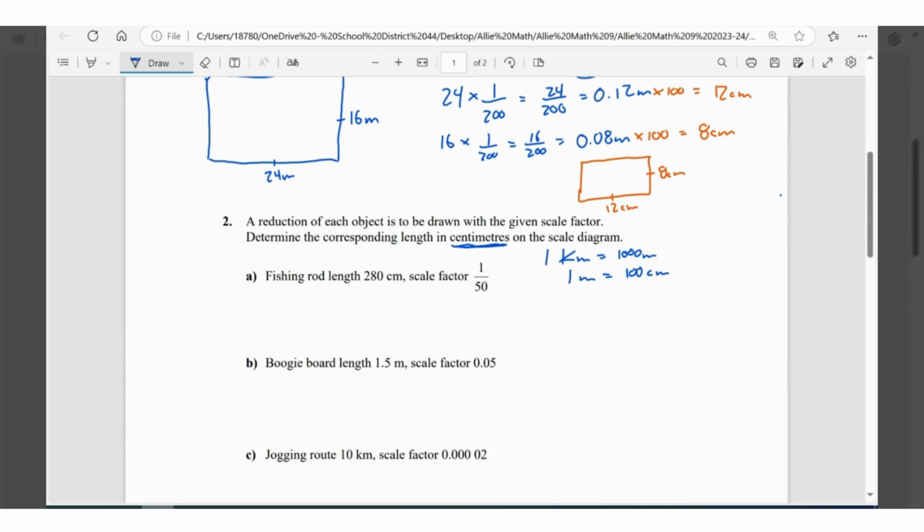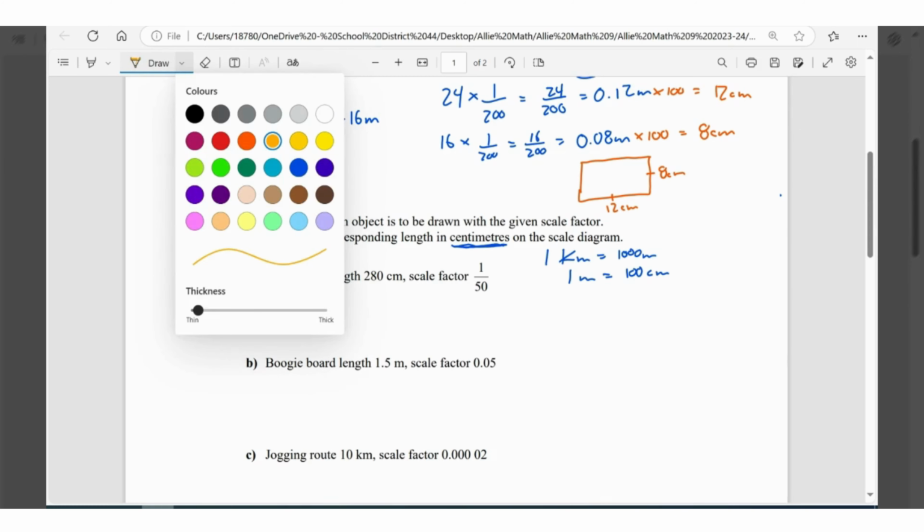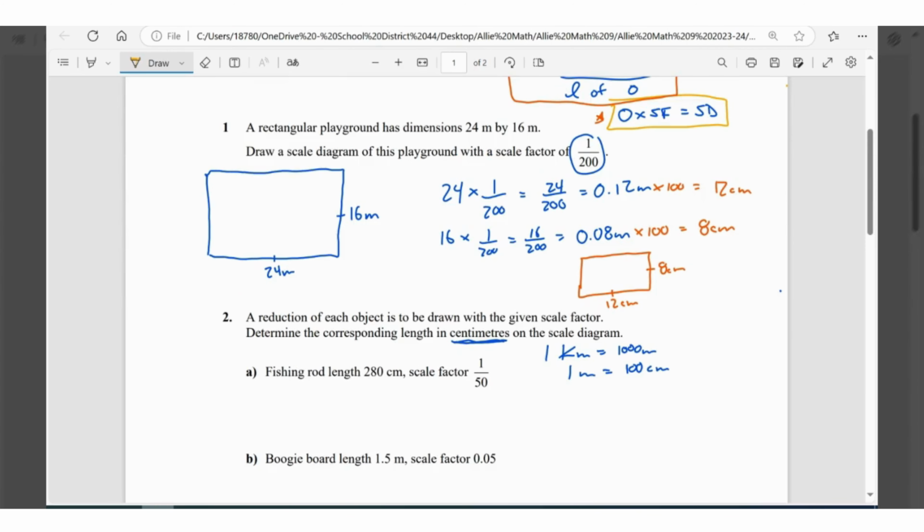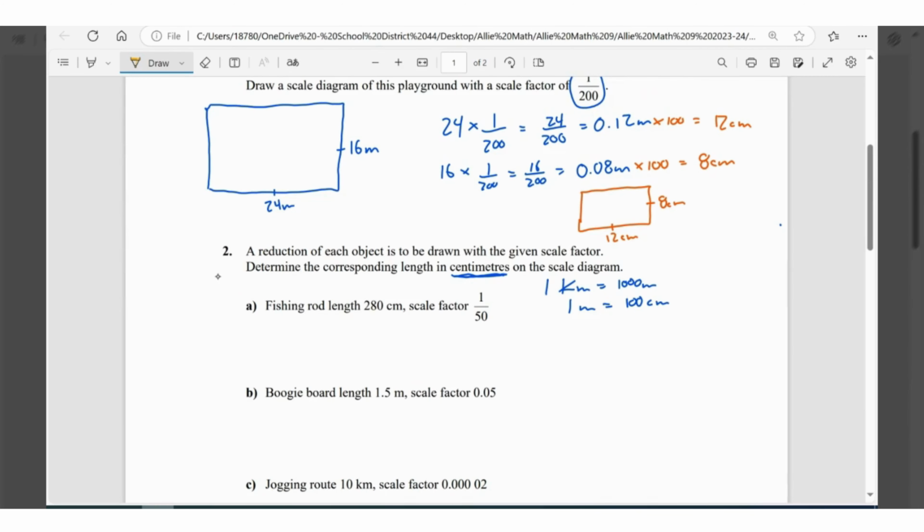So for our first one, the reduction of an object is to be drawn with a given scale factor. Recall from up here that the original times scale factor equals our scale diagram. So original times scale factor equals our scale diagram. So a fishing rod is length 280 centimeters and a scale factor of 1/50.